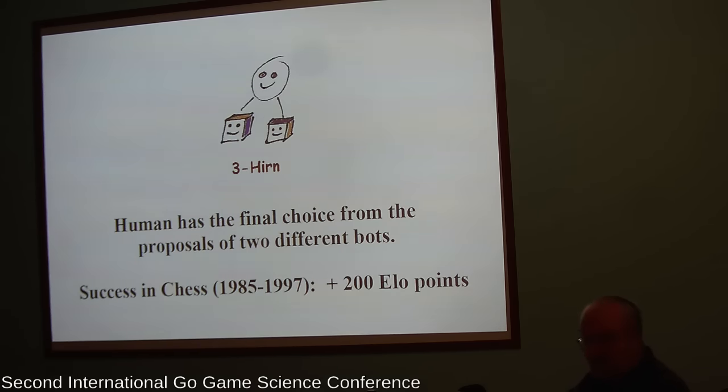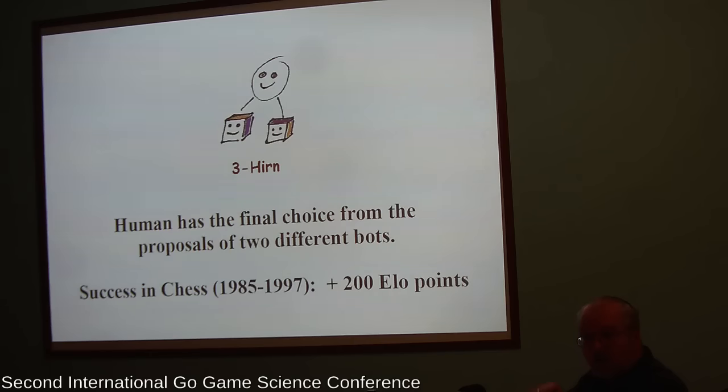And I did many experiments in chess, starting in 1985, when the computers were still weaker than me, until 1997. And the chess players have ELO ratings, comparable to the EF ratings. And it turned out in all these experiments, the Rieger was 200 points stronger than the computers would have been alone.